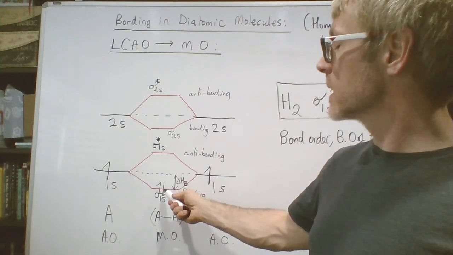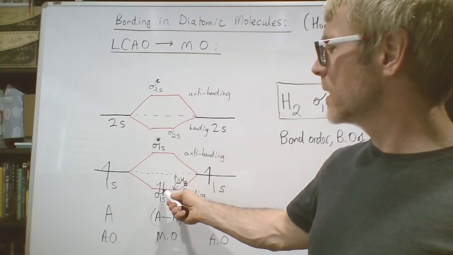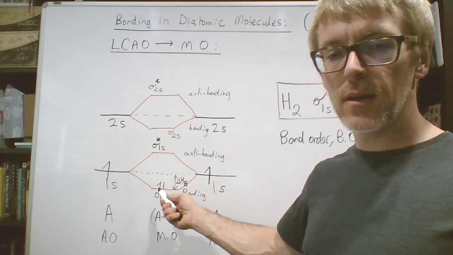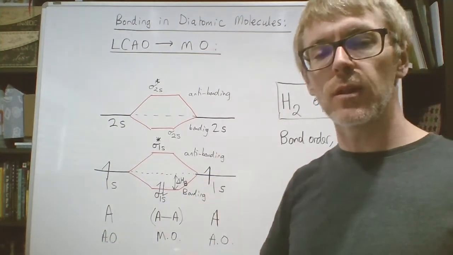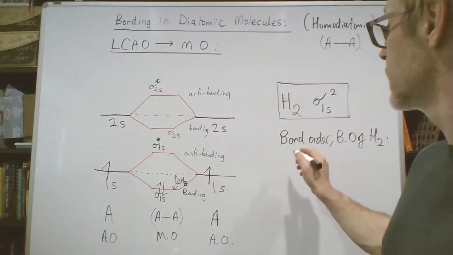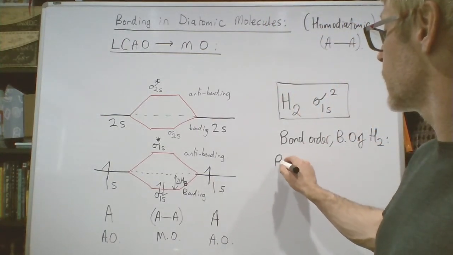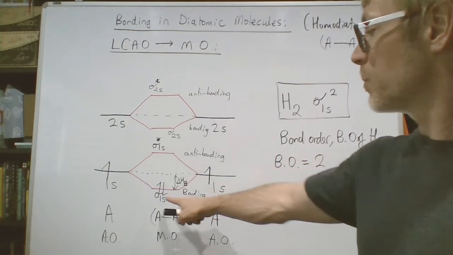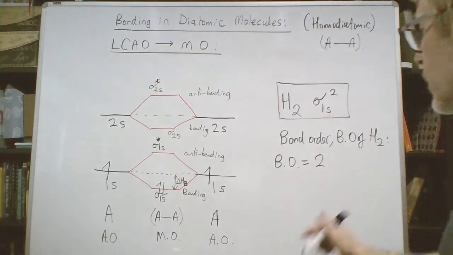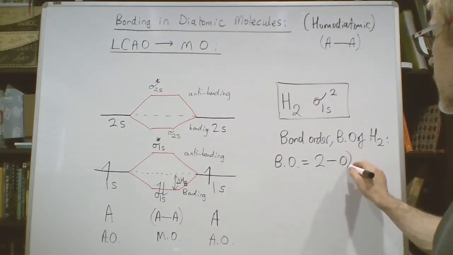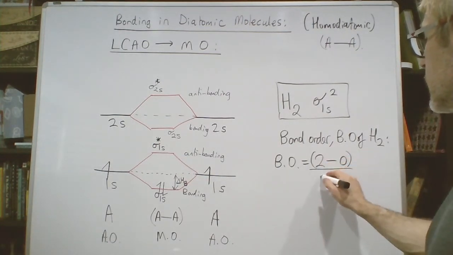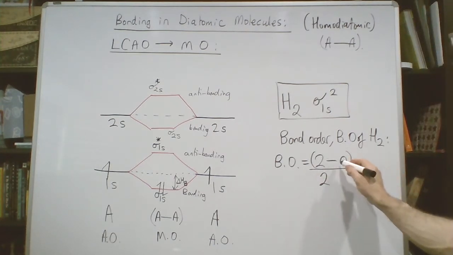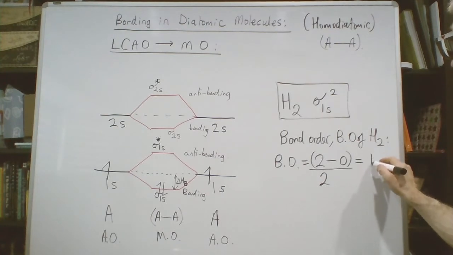So you essentially add up all of the bonding electrons and you subtract all of the anti-bonding electrons. So the bond order is going to be 2 bonding electrons, and there are no anti-bonding, so minus 0. And then you take the average. So this equals 2 minus 0 is 2. 2 divided by 2 is 1.